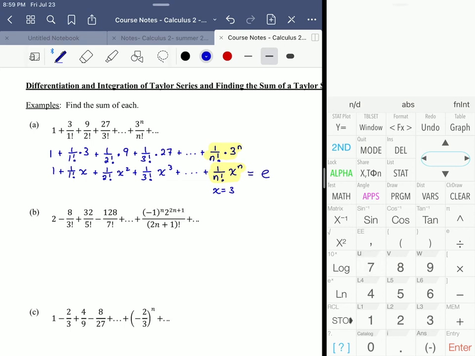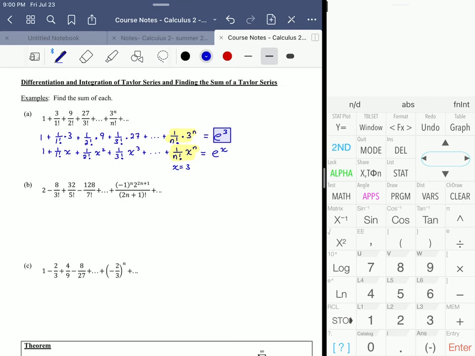If we know that the second line I wrote is the series expansion that coalesces to be equivalent to e to the x, then the first one, if x is equal to 3, must coalesce to be equal to e to the third, and so that must be the sum. Just by recognizing the type of series you're looking at, you can come up with the sum pretty easily.